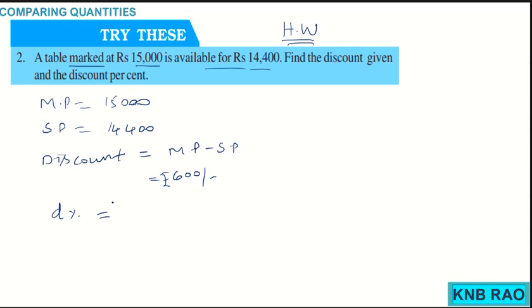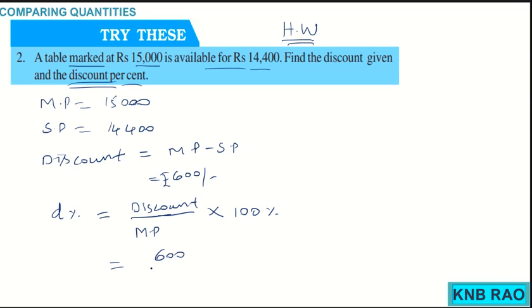find the discount percentage. See children, discount percentage is always calculated out of the market price. So discount percentage is the discount amount allowed out of the market price into 100 percent.